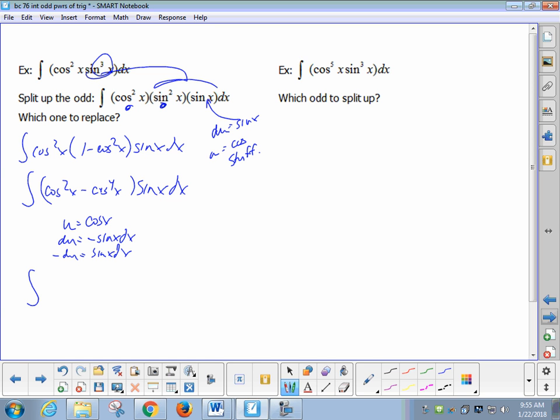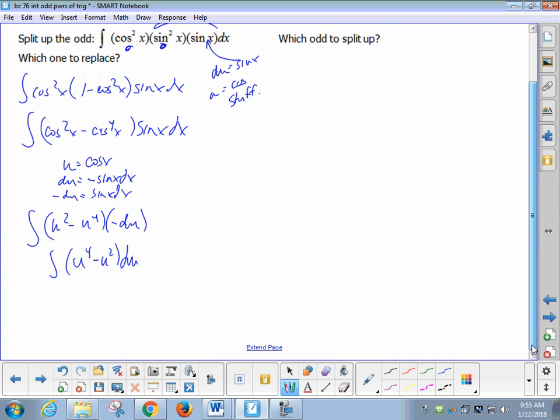if you straight up substitute, it's u squared minus u to the fourth times negative du, or you could call it u to the fourth minus u squared if you like to bring that negative inside, whichever you prefer. I'm going to do that. Are you with me? Okay, so the antiderivative, u to the fourth would actually end up positive at the end.